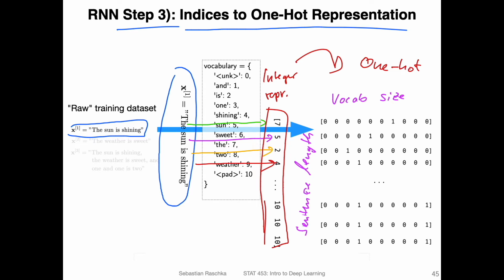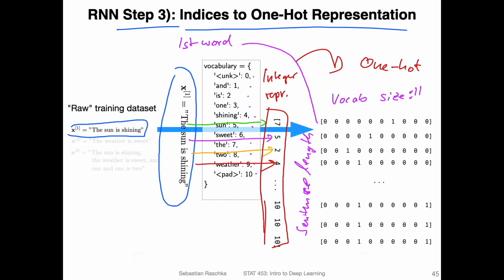For each word, each row, we look up and create the one-hot representation. Our vocabulary size in this case is 11: 1, 2, 3, 4, 5, 6, 7, 8, 9, 10, 11. So we have a vocabulary size of 11.